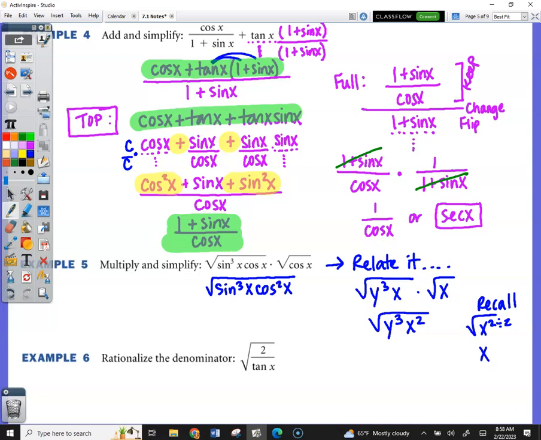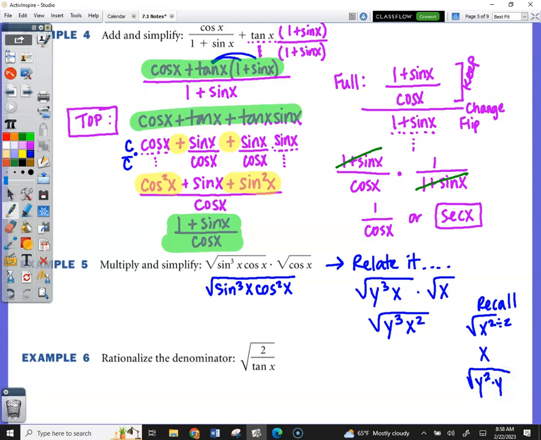Now, right here you got y cubed, right? You have to think to yourself, 2 ways to do this. Y cubed is y squared times y. Everybody agree?